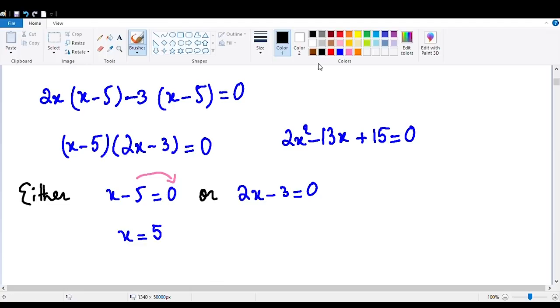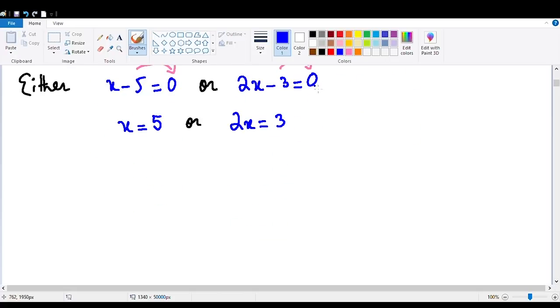In the second case, we can take 3 to the other side first, so we'll get 2x equals 3, because its sign will change and become positive. And then to get the value of x, we can divide by 2 on both sides, or we can say we sent 2 to the other side, so x will equal 3 over 2.